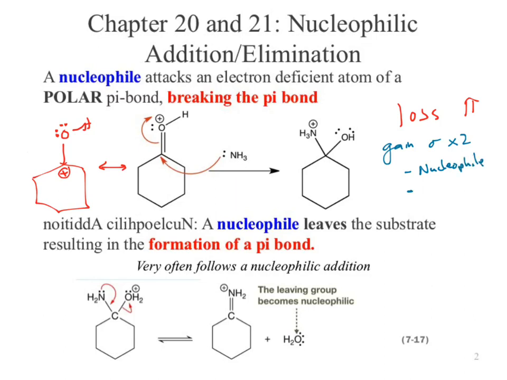The other one is usually to a hydrogen. And it's just a question of how that reaction occurs. So this mechanistic step is just the nucleophilic addition. We've added to the pi bond.